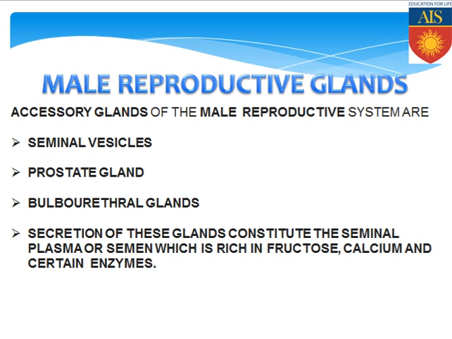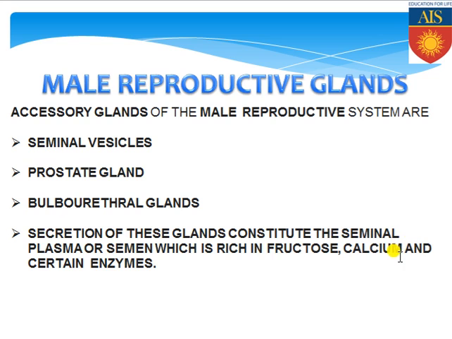Here you can see the male reproductive gland or accessory reproductive gland is mainly composed of three kinds of glands. One is the seminal vesicle, second one is the prostate gland, and third one is the bulbourethral gland. Keep it in your mind, the secretions of all these glands constitute the seminal plasma, the whitish milky fluid, that is semen, which is rich in fructose, calcium and certain enzymes.